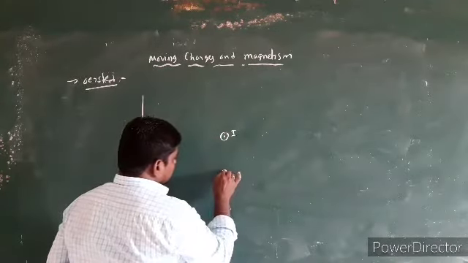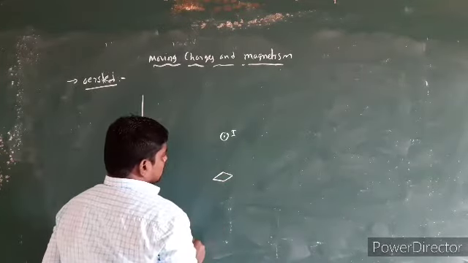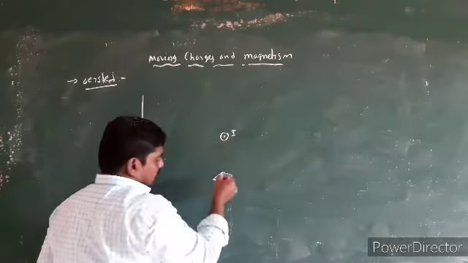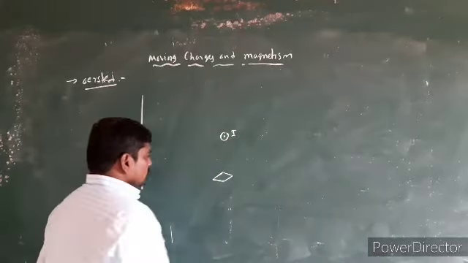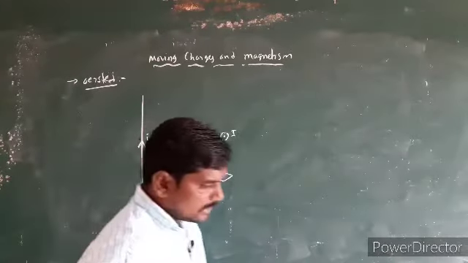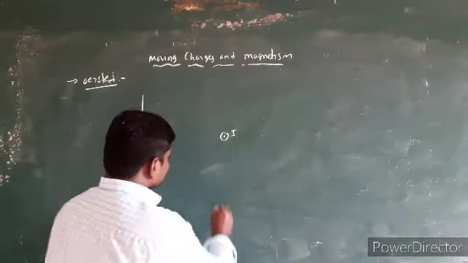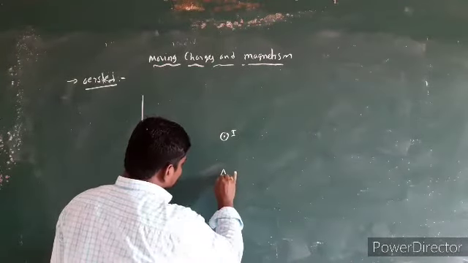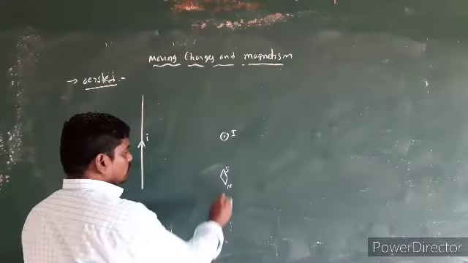When he placed a magnetic needle in the vicinity of this conductor, vicinity means near to the conductor, for example, when he placed this magnetic needle like this, south and north pole, let it be south and north pole.